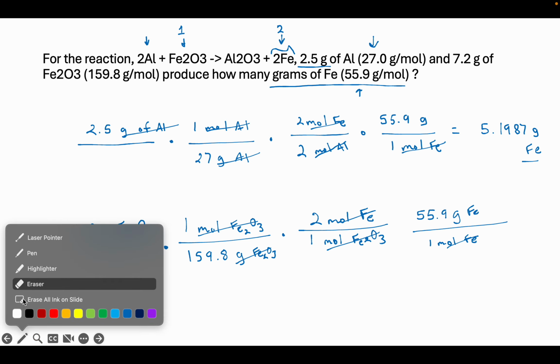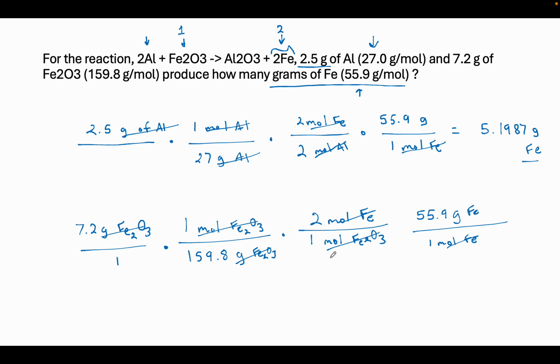It should be times 55.9. Okay. So now we are at 5.037 grams of iron.